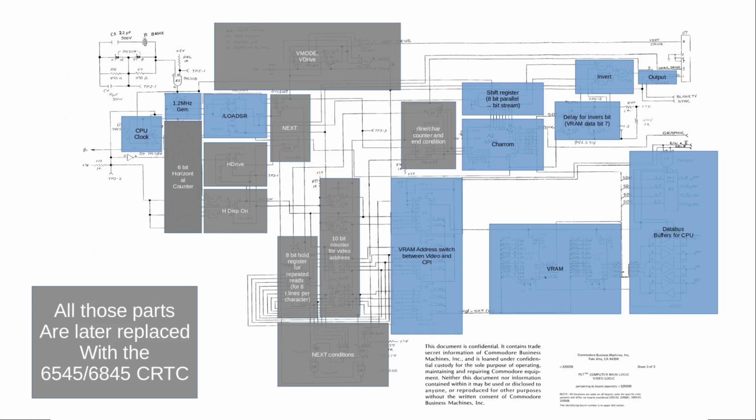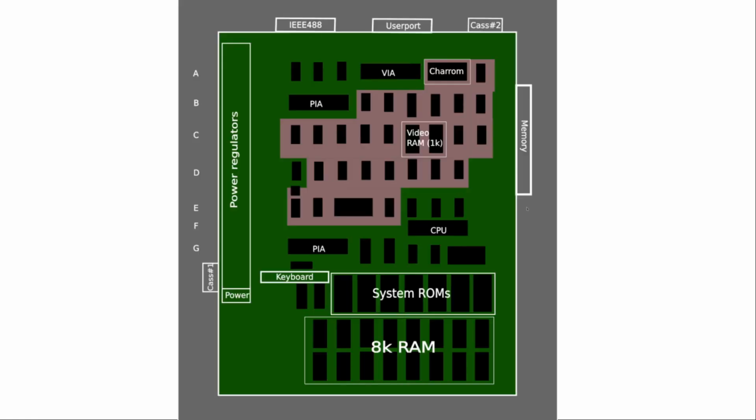The rest of that stuff still has to go into some discrete circuitry on the newer PETs as well. Now looking at the board, this is the board for the original PET, and I've marked a couple of components here. You can see the system RAM, the system ROM, the CPU, the PIA for the keyboard, PIA for IEEE, VIA for user port and stuff.